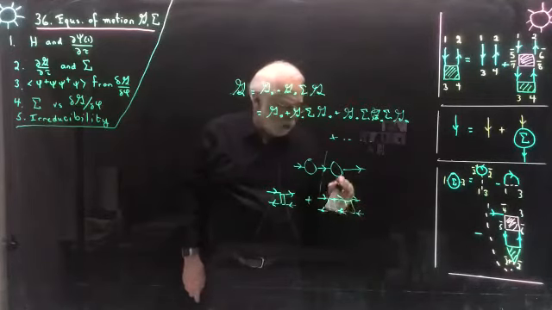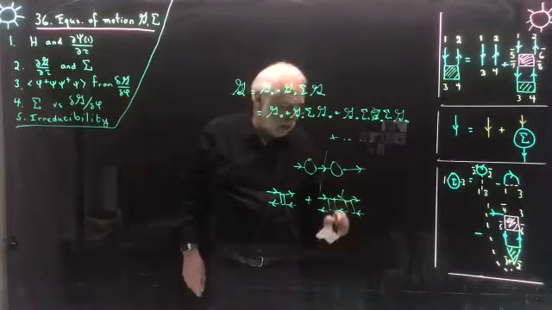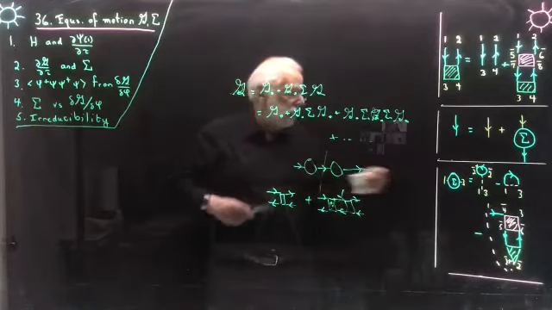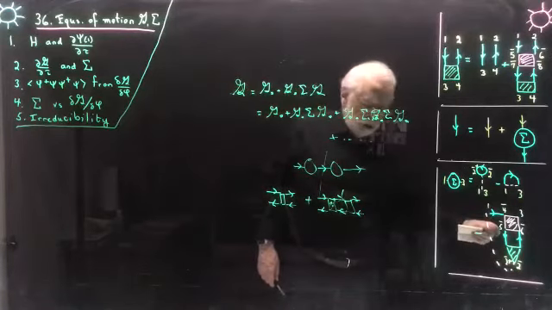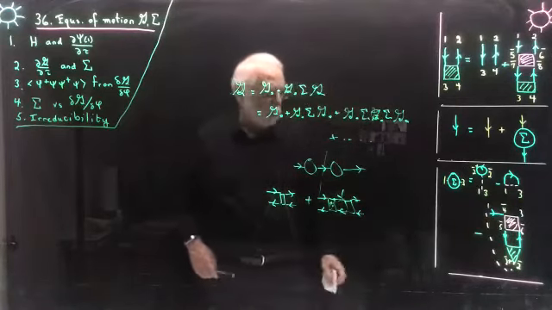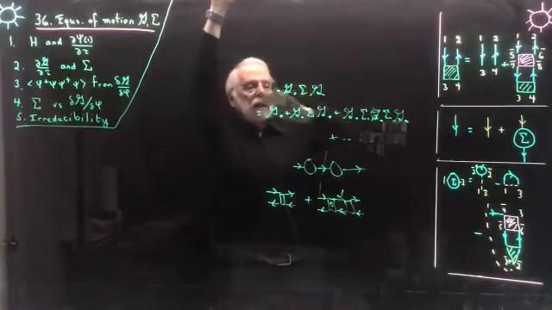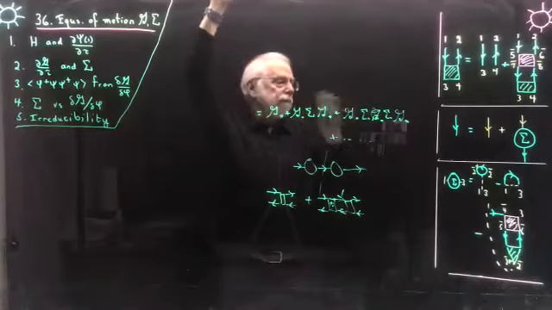So I can cut the diagram in two like this. What goes inside here is particle-hole irreducible. I cannot cut it in two pieces by cutting these two lines. So much for all this jargon.